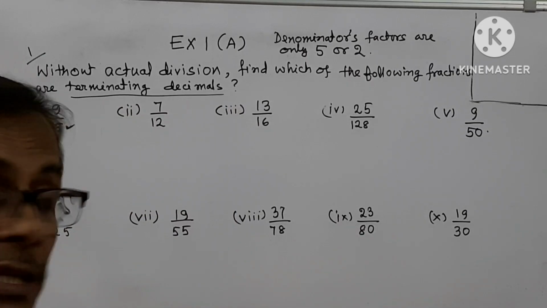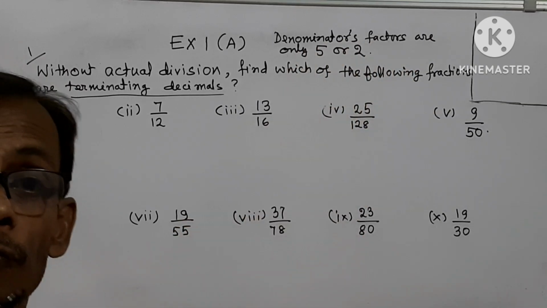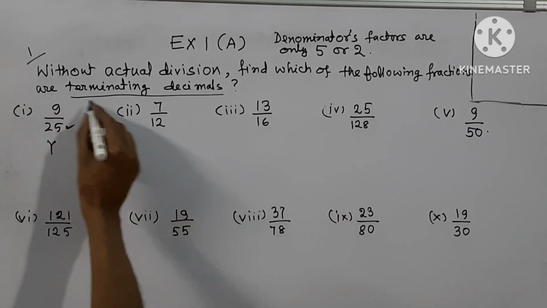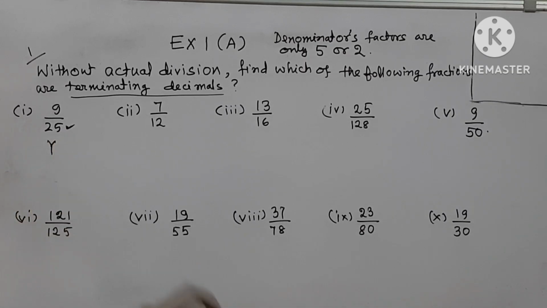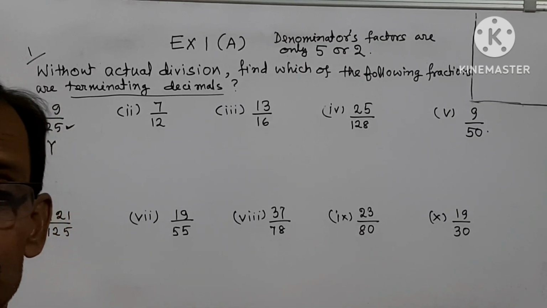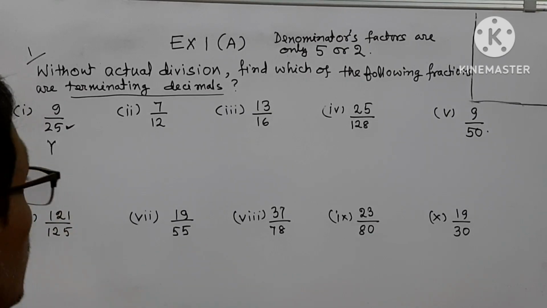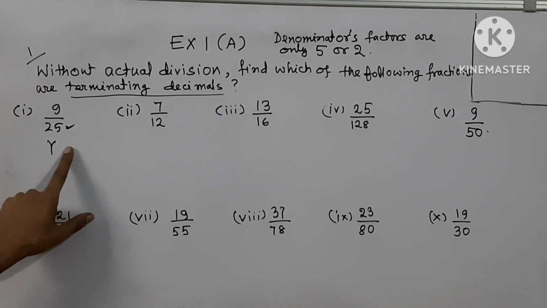If the denominator's factors are only 5 or 2, then they are terminating decimals. So in this case, 9 by 25, what we saw, 25 has only factors of 5 and 5. So 25 has no factors other than 5, so it is a terminating decimal.